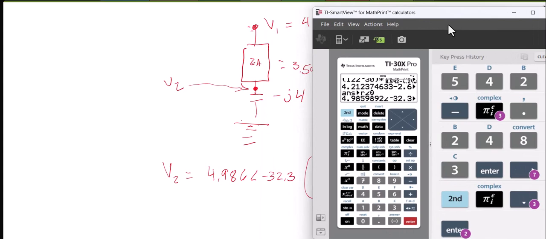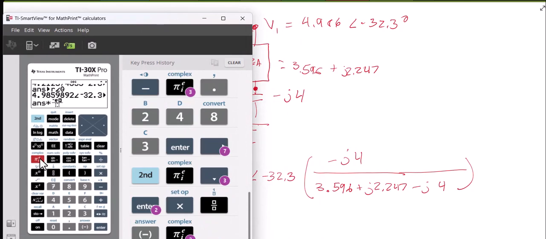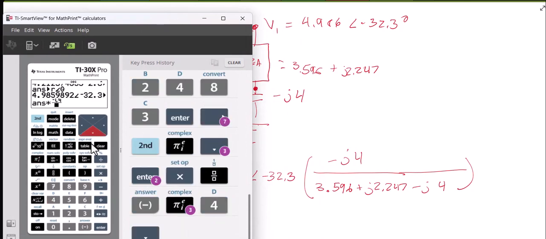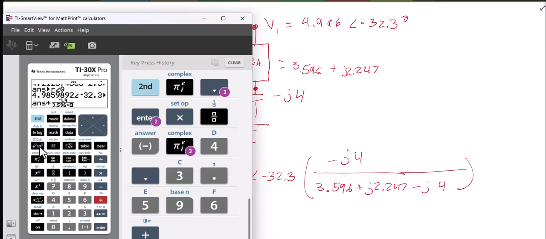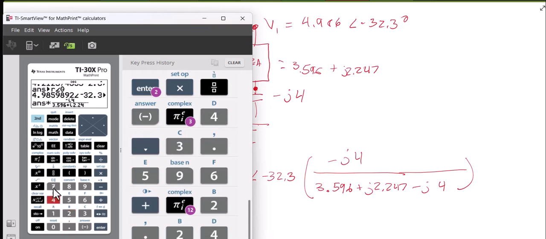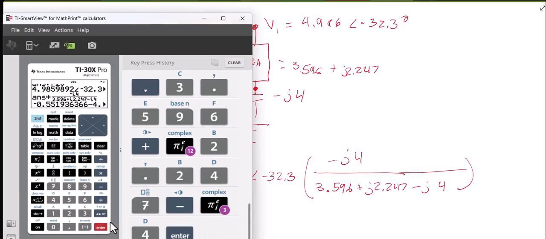So I can take the answer that I had before, times a fraction, minus j4 over 3.596 plus j2.247 minus j4, and I get minus 0.552 minus j0.9546.